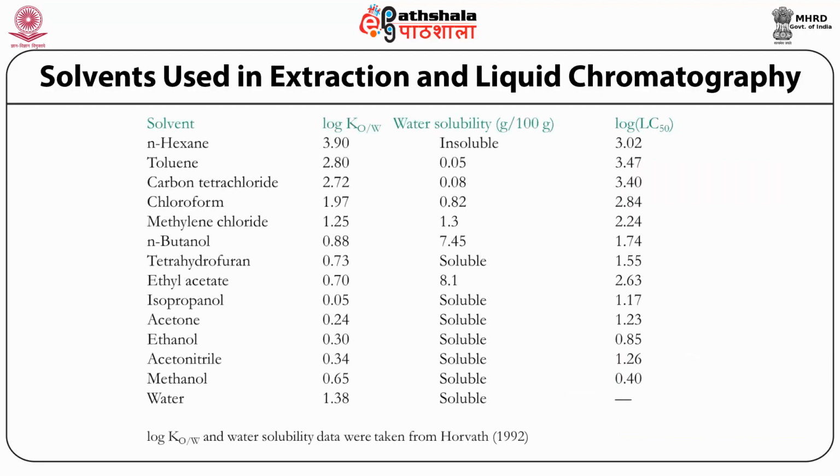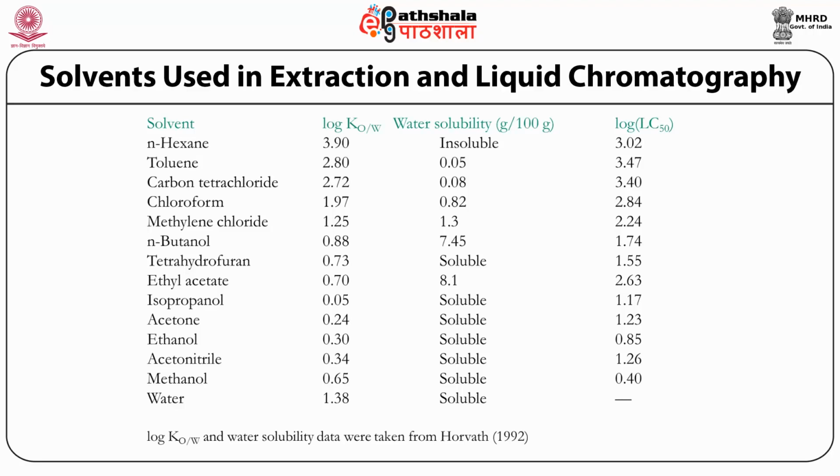This slide provides you a list of common solvents along with their miscibility, water solubility indexes, as well as their safety values. It extends from hexane to water, in the order of their increasing polarity.